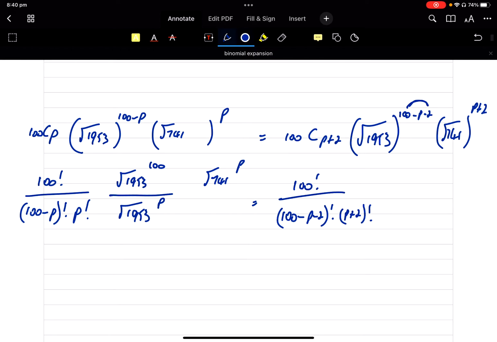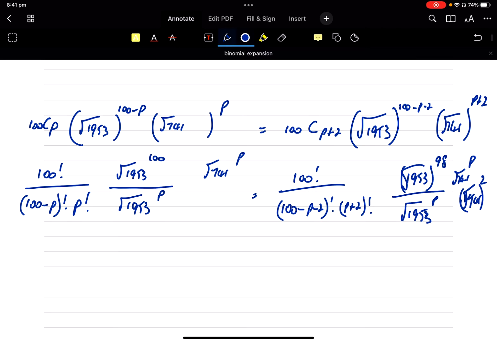It's 100 minus 2, that's going to be 1953 to the 98 minus p, and we've got that's a root on 1953 to the p underneath again. And the 741, that's going to be root 741 to the p and root 741 squared. Oh my gosh, I'm out of room. That is craziness. That is a dislike on this video right there.